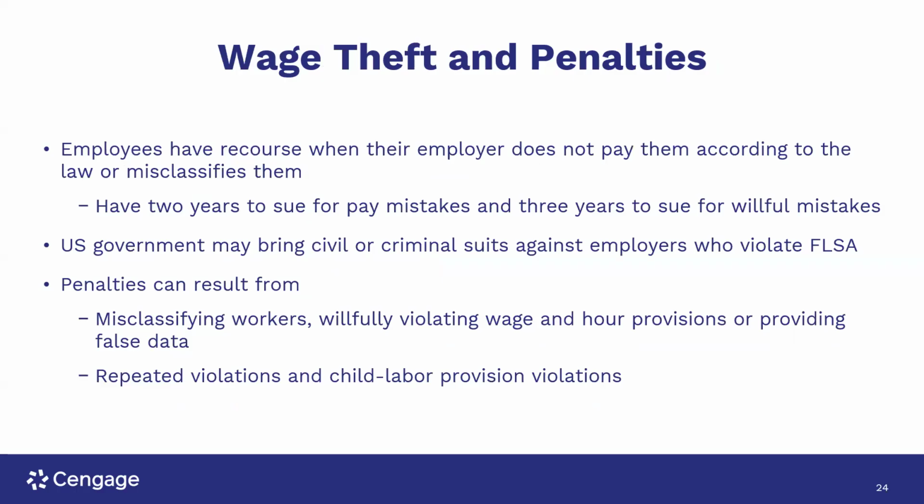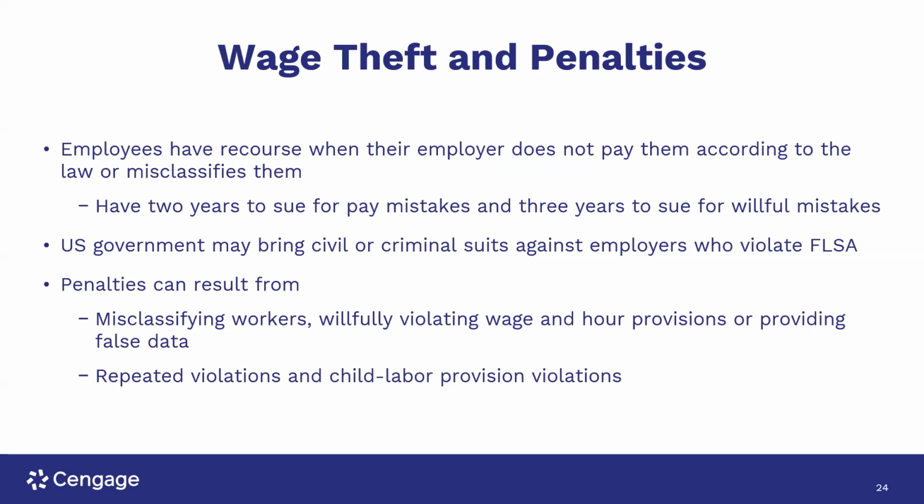And regarding wage theft and penalties, there are significant penalties for wage theft. Employees have recourse when their employer does not pay them according to the law or misclassifies them. The statute of limitations here is 2 years, so they have 2 years to sue for mistakes and 3 years for willful mistakes. The government may bring civil or criminal suits against employers who violate this.